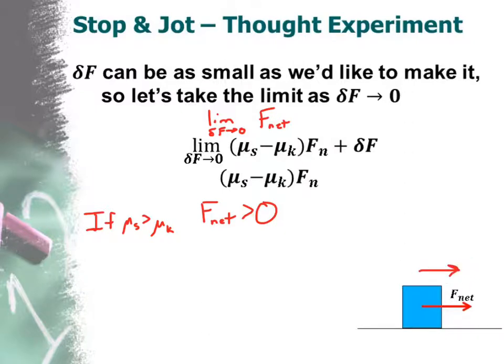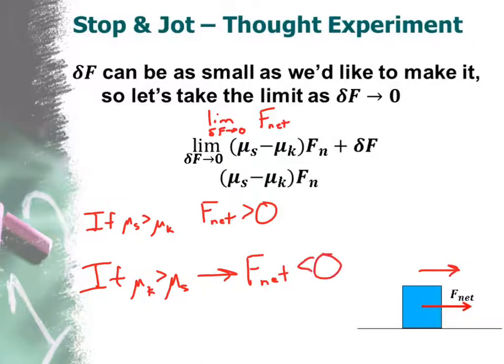But let's think about the other case. What if mu sub k were greater than mu sub s? Well, that means that our net force would be less than 0, which means if I applied a force to the right, as soon as I got it moving, my net force would move it to the left.